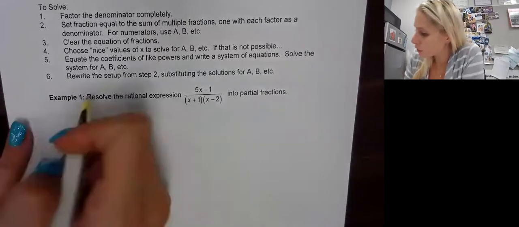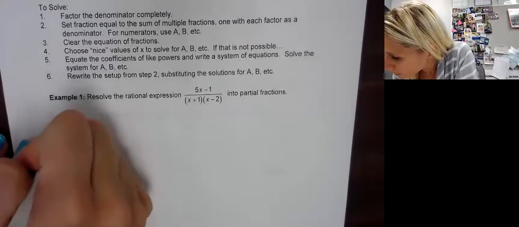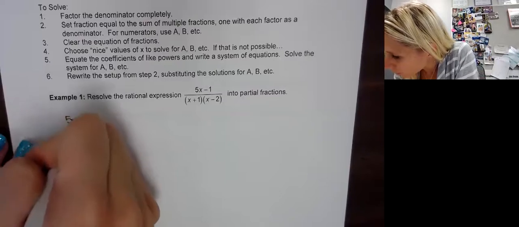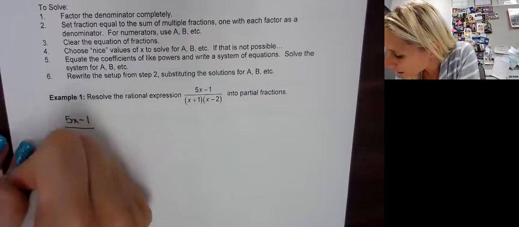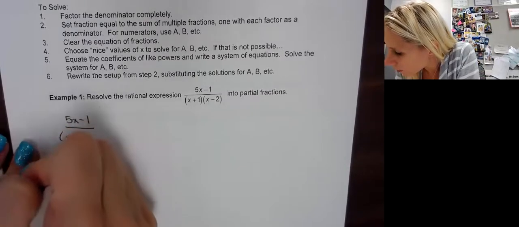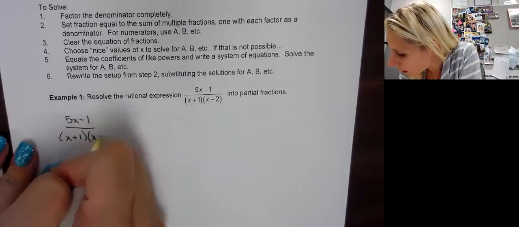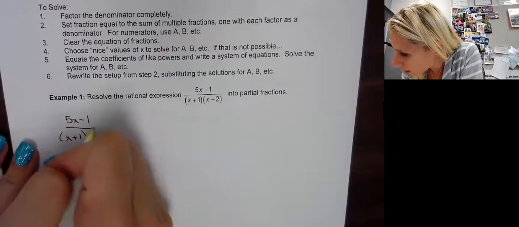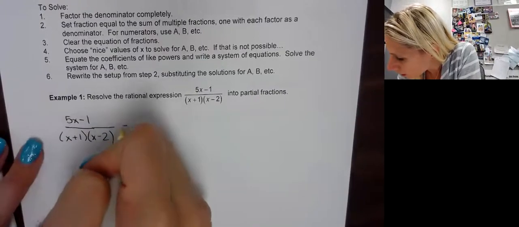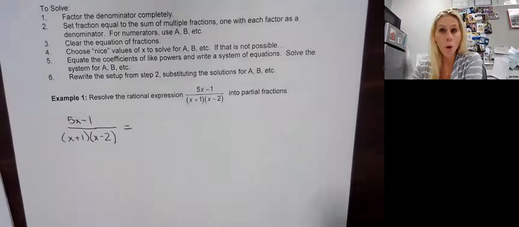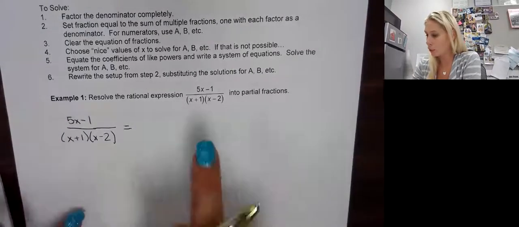So what we're going to do is set our rational here equal to both of our rationals, each with a factor.